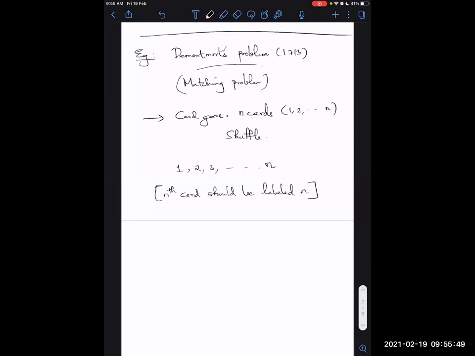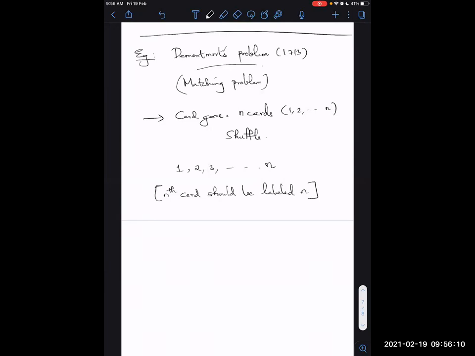The question is to calculate the probability of this happening. And n can be very large. So we need to solve this problem for some arbitrary n.